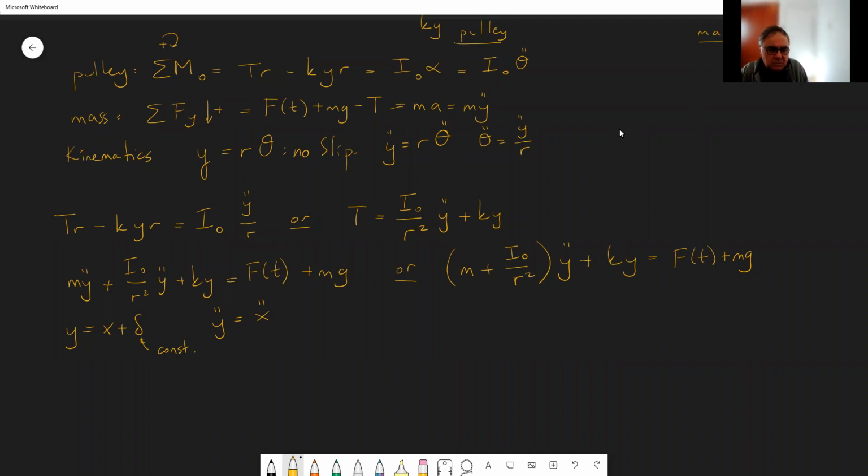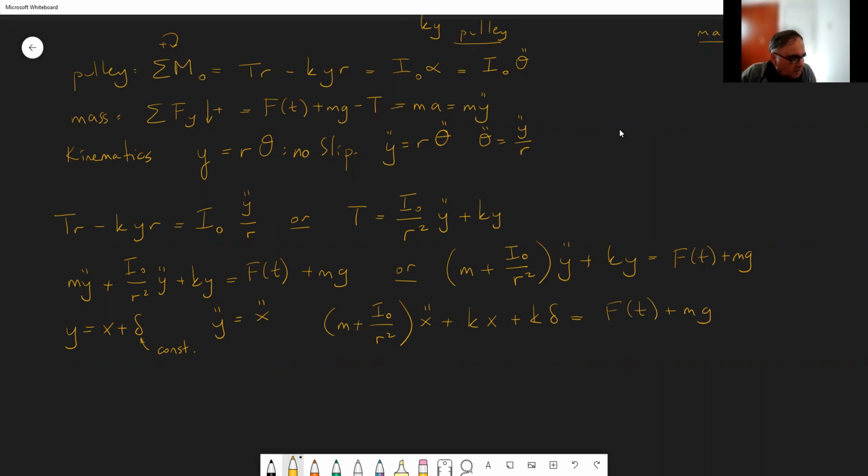If you substitute this into the equation, you get m plus I naught over r squared, y double dot. y double dot is x double dot, so I will write x double dot plus k. Now y is kx plus k delta, equals x plus delta, so it is f of t plus mg.